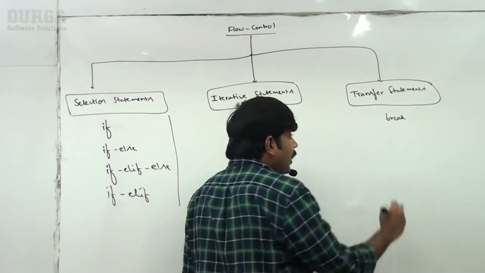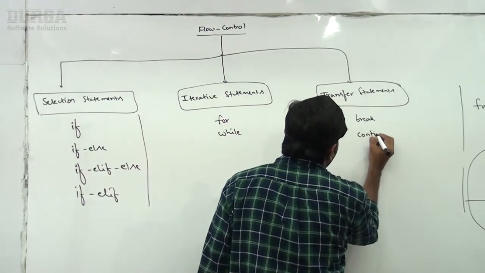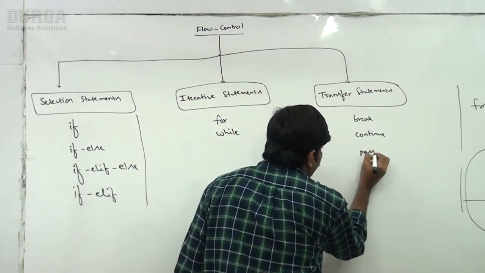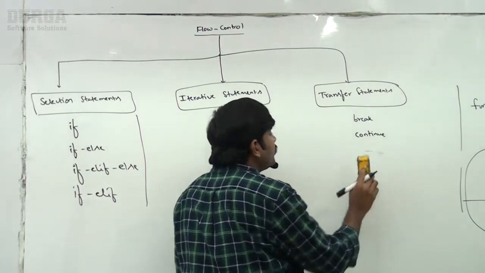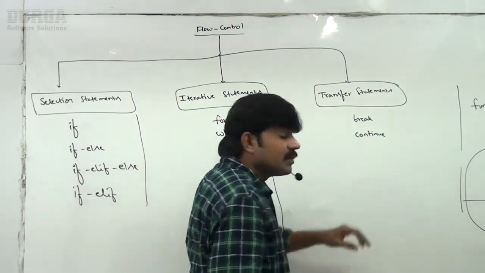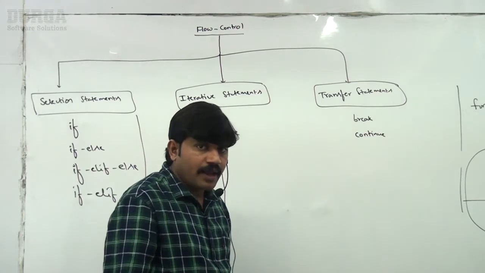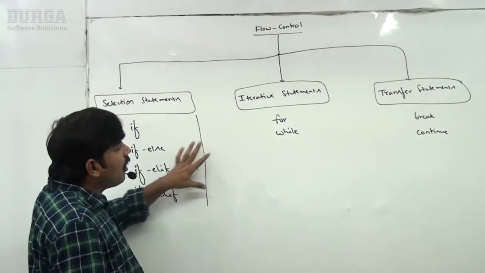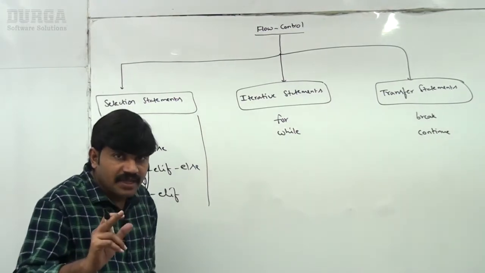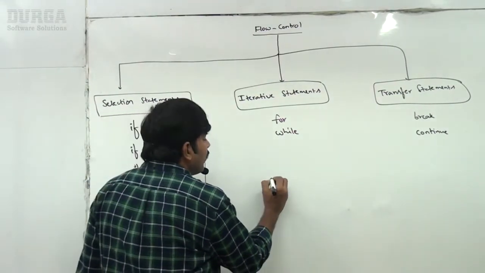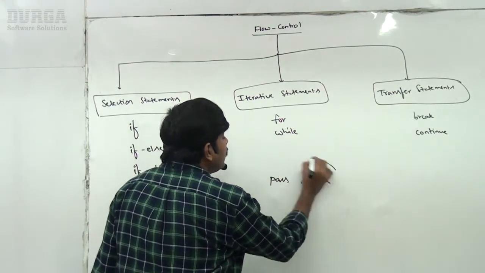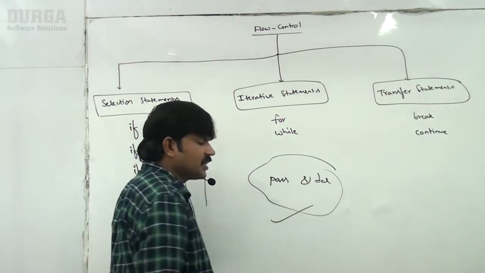Break, continue, and also pass. Break and continue are by default considered transfer statements. These are part of our flow control topic, and all of them we need to discuss in detail. Even we have to talk about pass and del keywords in detail.